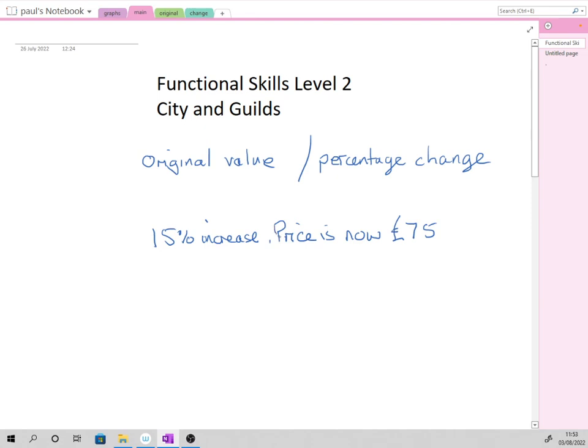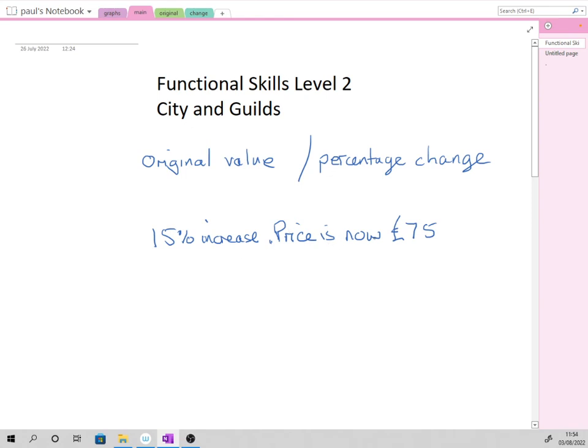What was it before the 15% increase? You see this in the shop all the time. When there's a decrease, there's a sale on it. It's got big signs all over the shop, 40% reduction, 25% off, and they give you a new price. And you want to know what it was before they reduced the price or increased the price.